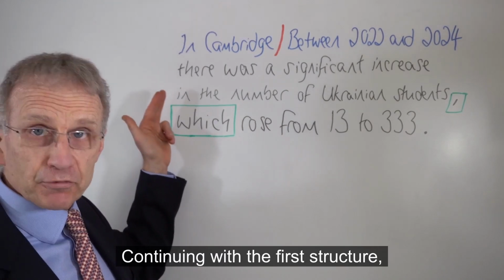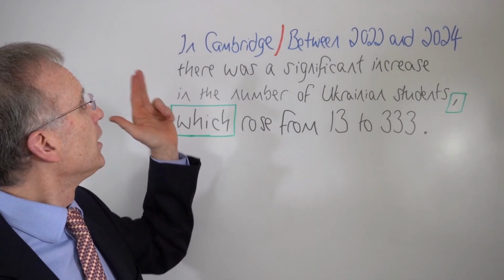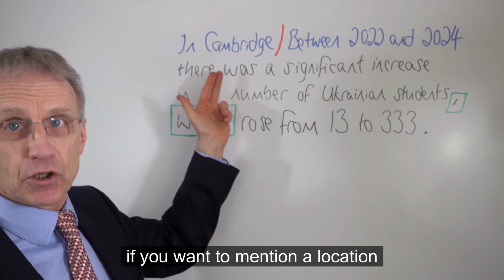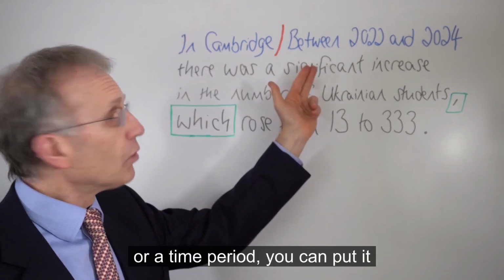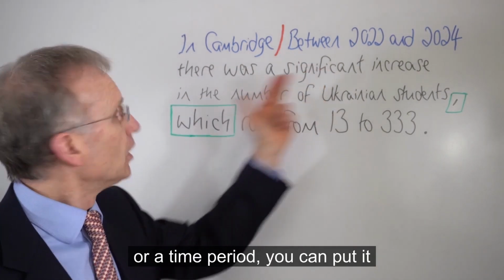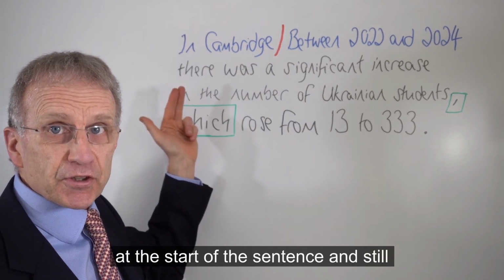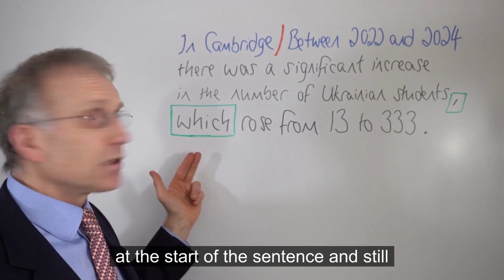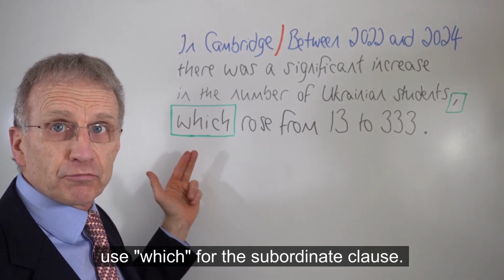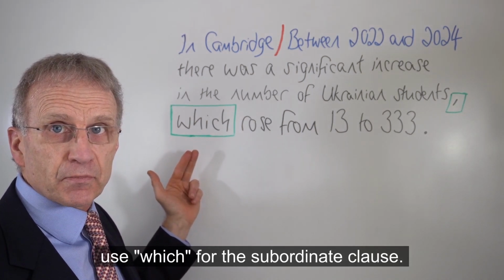Continuing with the first structure, if you want to mention a location or a time period, you can put it at the start of the sentence and still use which for the subordinate clause.